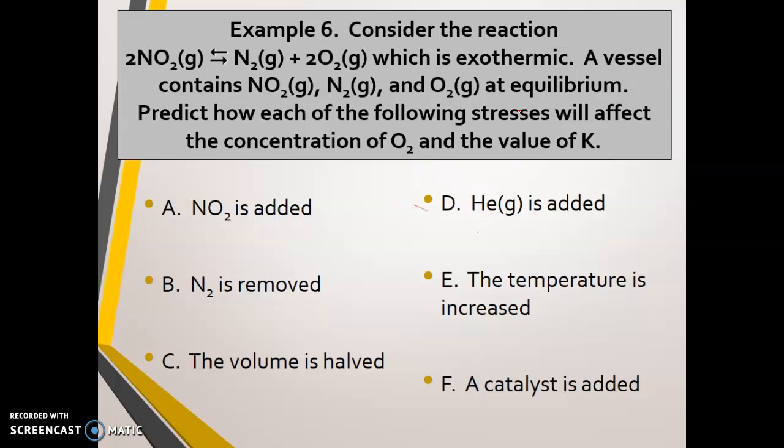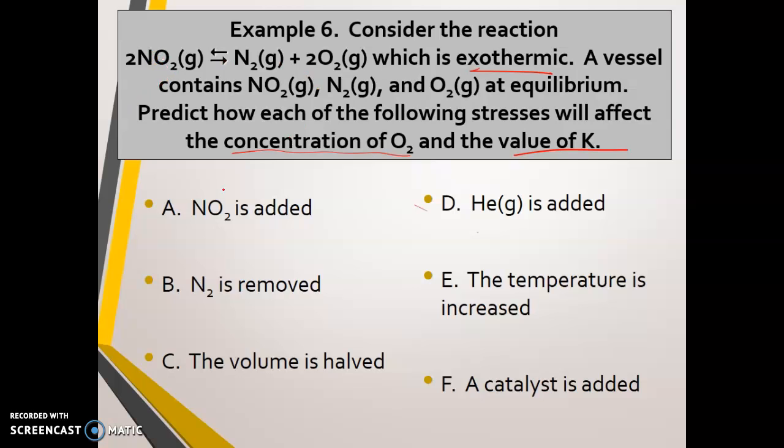So we want to look at these changes and predict what is going to happen to the concentration of oxygen, but also what's going to happen to the value of K, and which direction our reaction is going to progress.